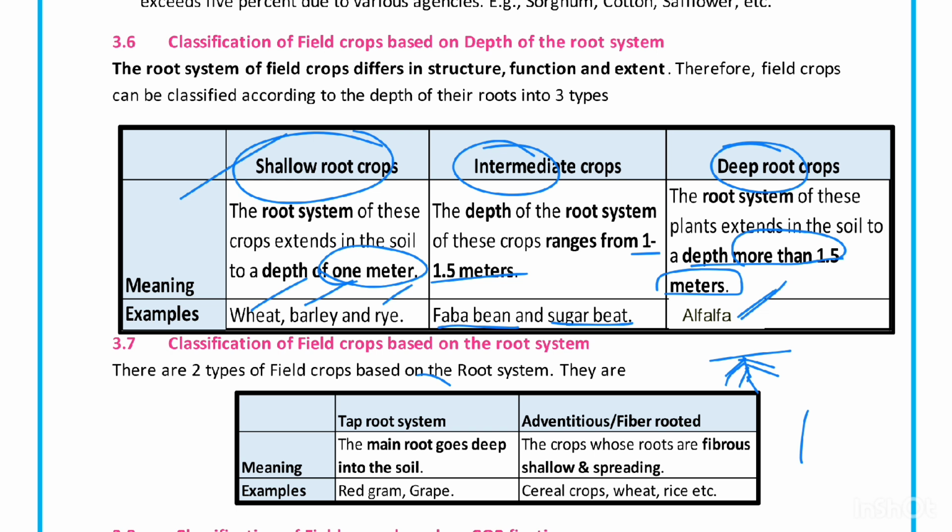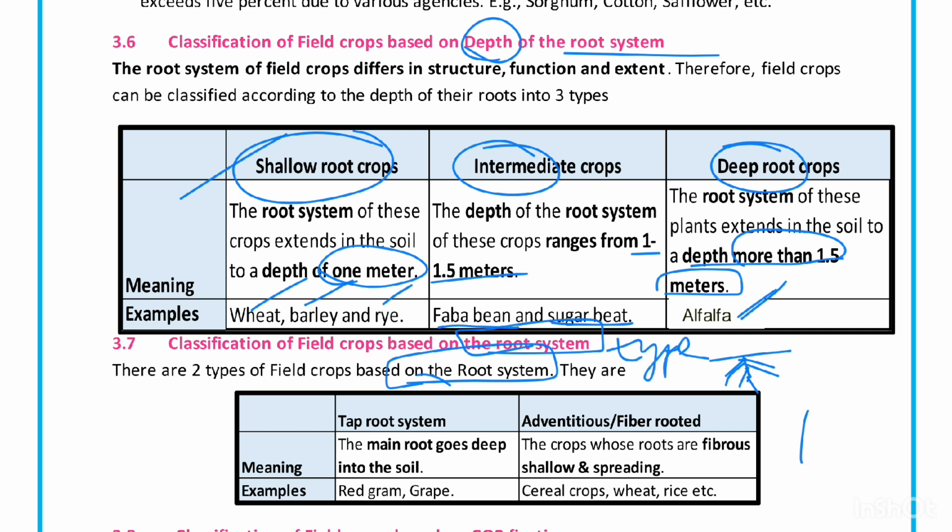With that, we have types of root system. Based on the type of root system, we have another two classifications. In the previous slide, we saw classification based on the depth of the root system, and now it is based on the type.